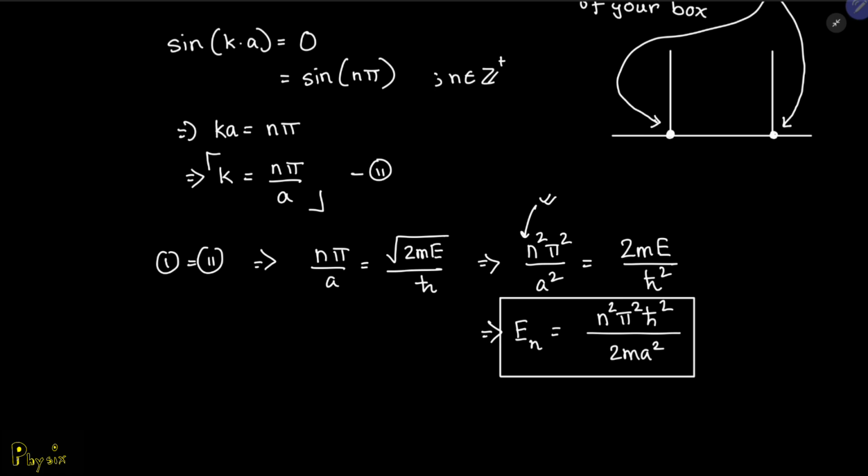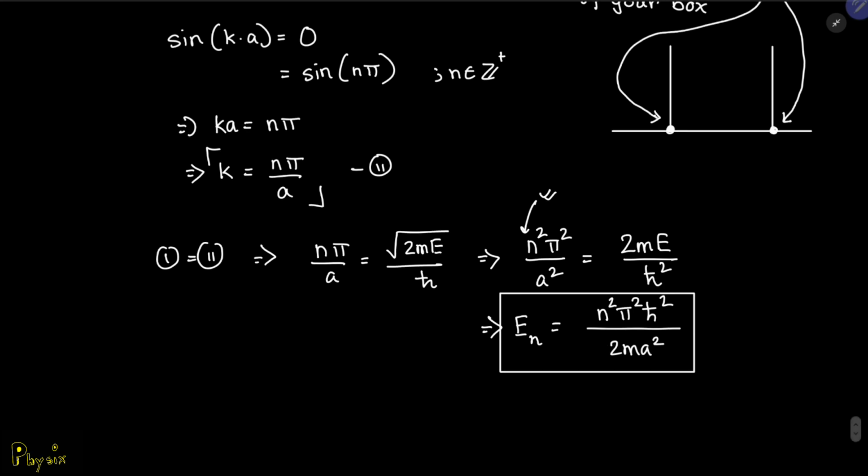N cannot be 0, it's any positive non-zero integer. But this looks very mathematical, and it doesn't really help us visualize what our wave function is doing, right?